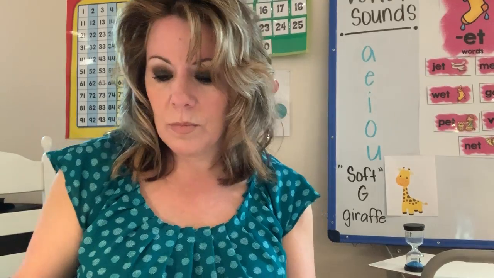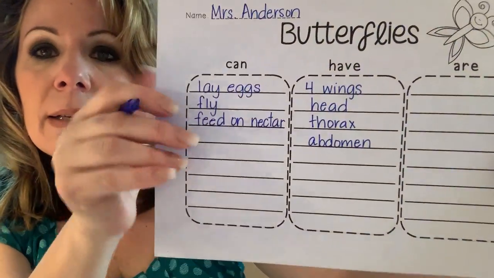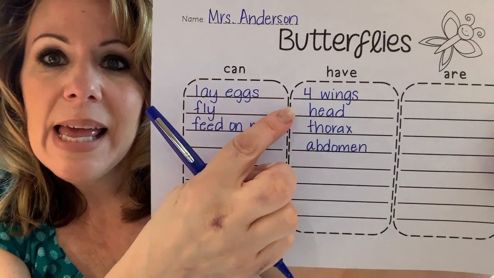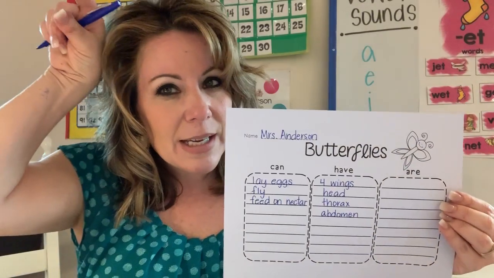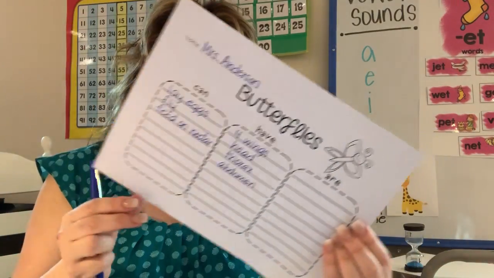A thorax. Good. And the part that we all have, not a 6-pack, it's an abdomen. It's kind of a hard word to say. Okay, so they have 4 wings, head, thorax, abdomen. What else? What else is sticking up above? The antennae.